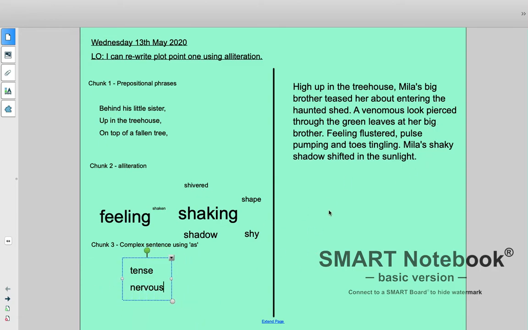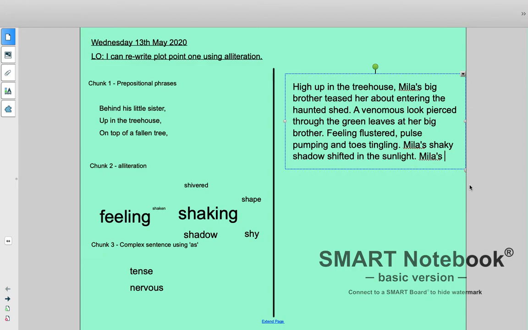There. Right. So if we started, Mila's brother, what's he doing? He's witnessing it, isn't he? Witnessed on as the.